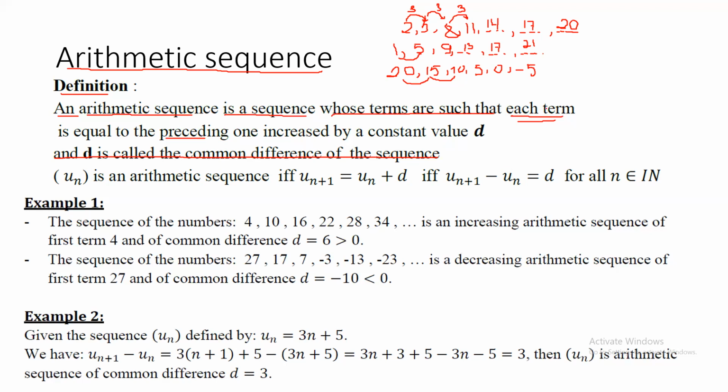Any questions about the definition? Boys, no, no, هين. In each term, we are not going to memorize, you are not asked for the definition, but you have to understand each term is equal to the preceding term increased by a constant d, called common difference.